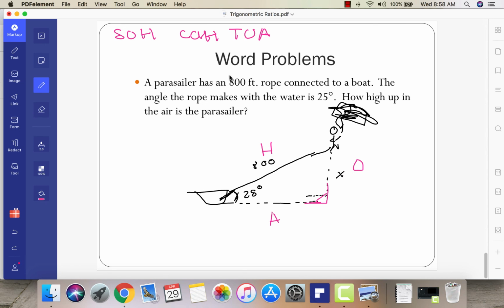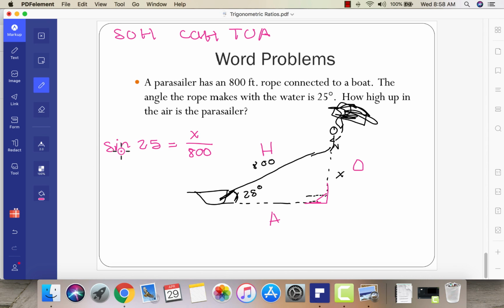So sine has opposite and hypotenuse. So that is what we are going to be using. So we are going to do sine of 25, because that's my angle, equals opposite x over hypotenuse, 800.